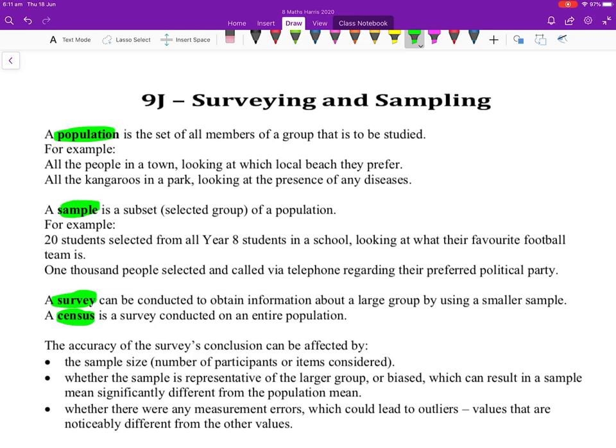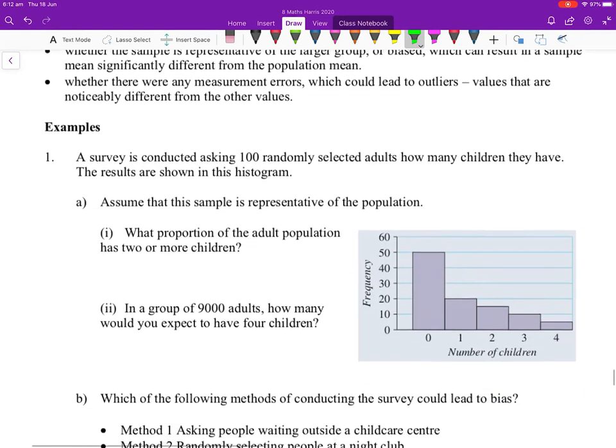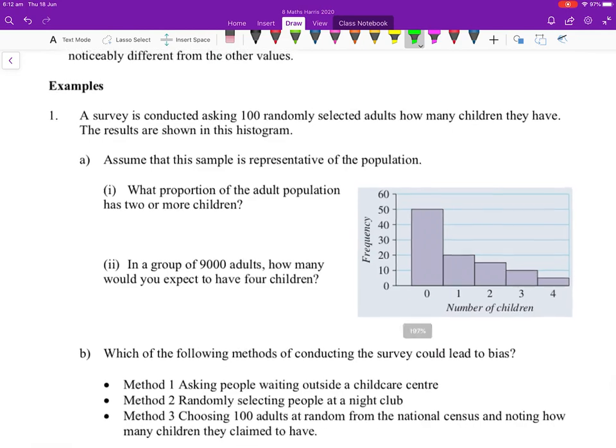They're likely to be biased or not have a clue. So choosing a good sample group is a good idea. And sometimes you can have what we call outliers, people that just have views that are totally radically different to everyone else. So let's get into some examples here and see how we go.